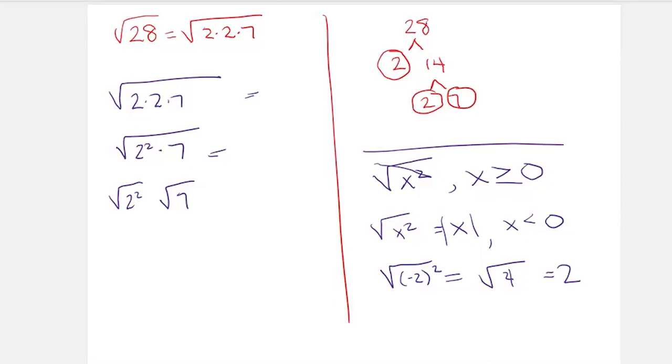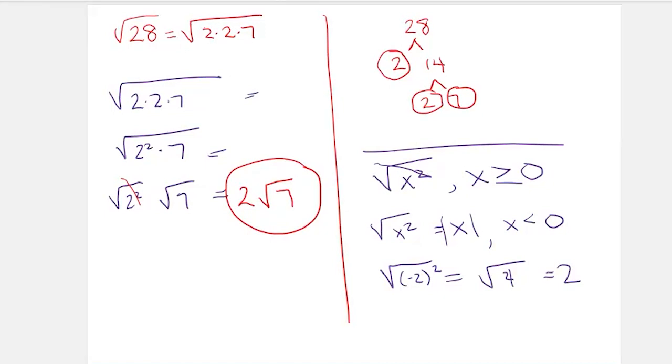Only with multiplication and division. With addition and subtraction, this doesn't work for square roots. This equals, and I can cancel the square root with the 2. So I get 2 times the square root of 7. And that is simplified. That's as simple as I can make it, okay? Because the square root of 7, there's no way to simplify that.